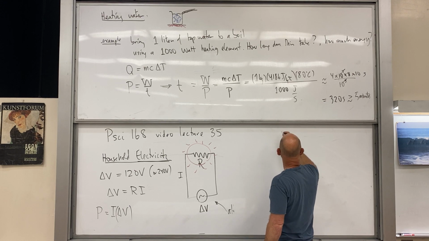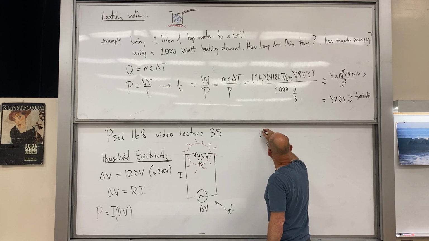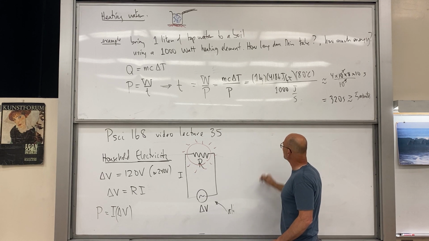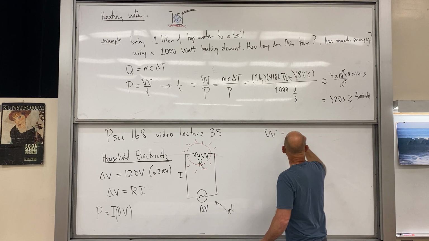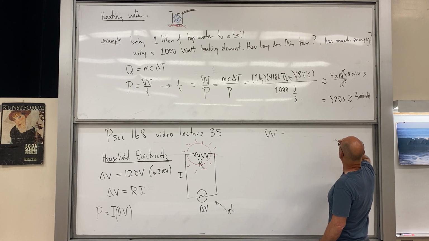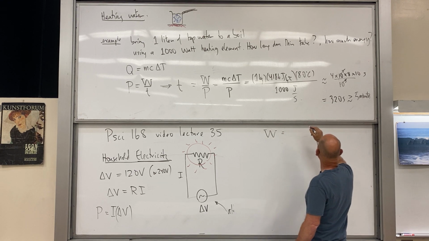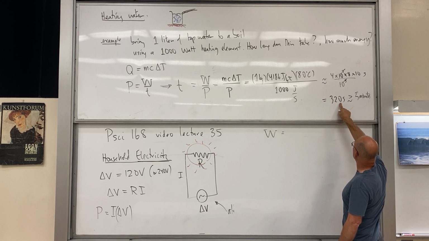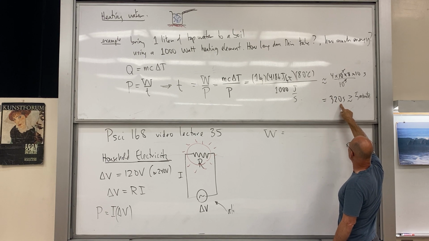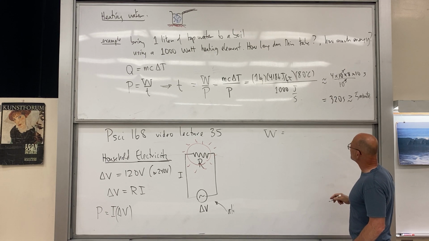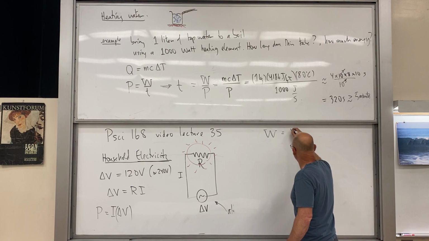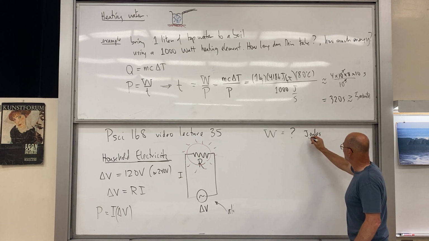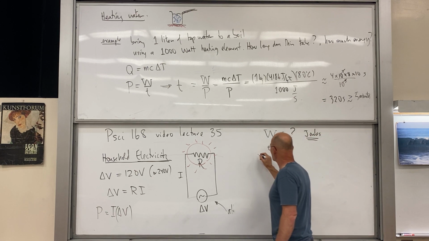So we have Q, or I'm calling it W now, but it is just the Q, the heat. But the energy was 320 or more times 1,000, right? Joules. Joules, okay. And then convert to kilowatt hours.